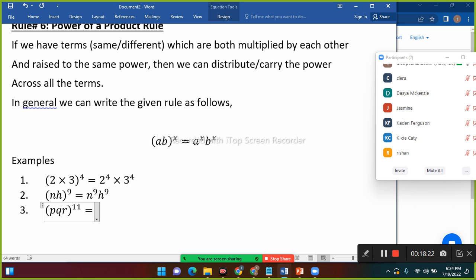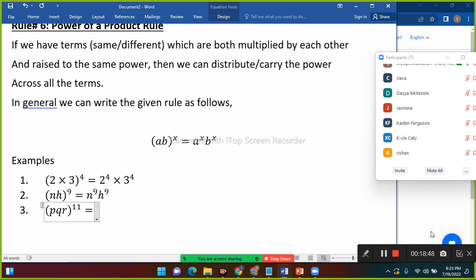How would we express this? Jasmine, though. Don't be shy. No, we can't have from Jasmine. Okay. Kaden, how would we have number 3?